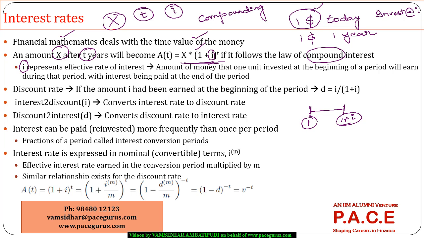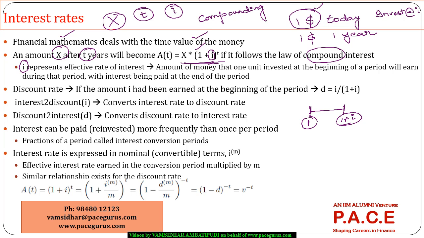Now this i is what we are calling as effective rate of interest. So that one single unit, when I am investing at the beginning of the period, what will it become at the end of the period?